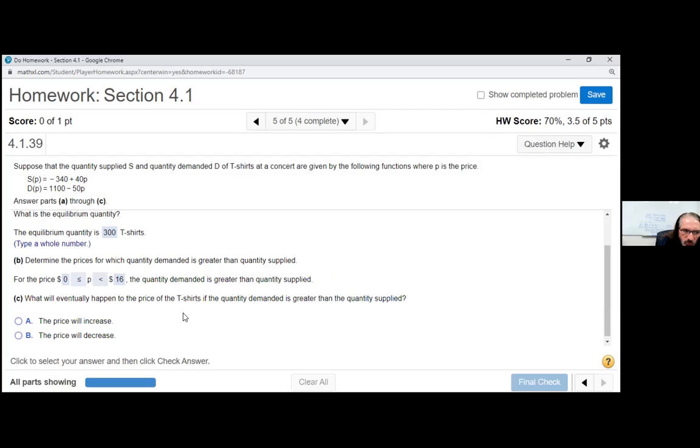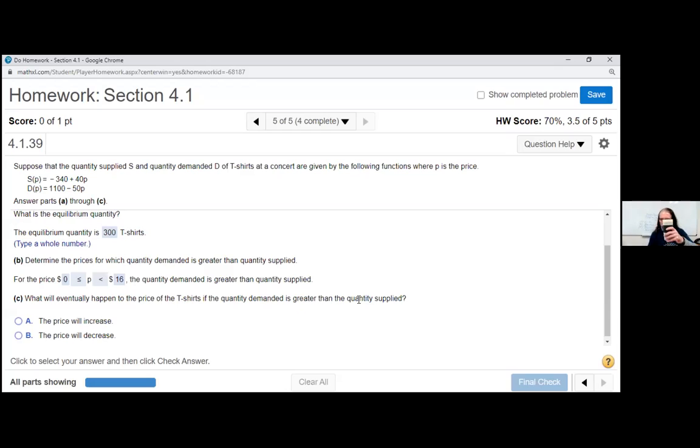And so what will eventually happen to the price of t-shirts if the quantity demanded is greater than the quantity supplied? We just dealt with one of those situations. Let me pause again here.